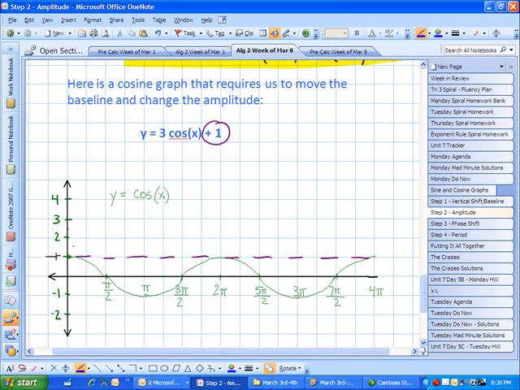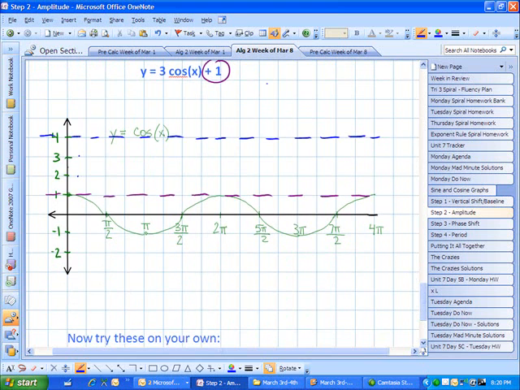So from the baseline we go up 1, 2, 3, and we have the top of our amplitude right there. We also have to go 3 below the baseline, which means we go down 1, 2, 3, and the bottom of our amplitude is down here at -2. So we've created lanes for our graph to drive within.